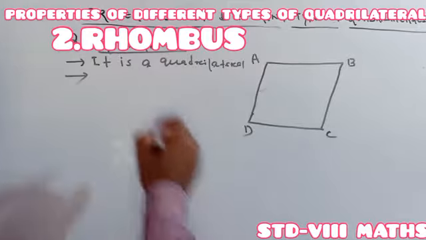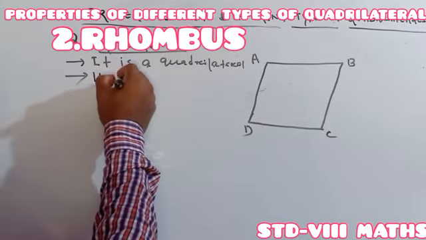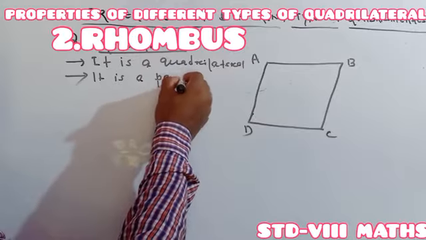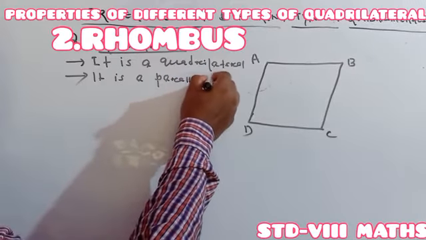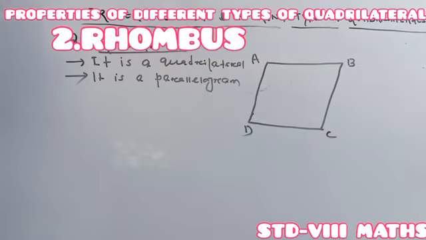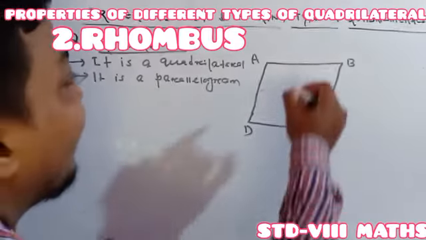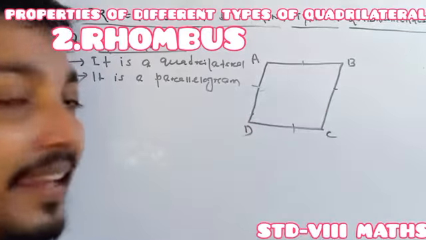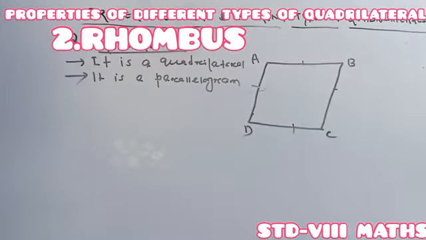You just have to remember, it is also a parallelogram. And here all the four sides are equal. It is a parallelogram in which all of its sides are equal.